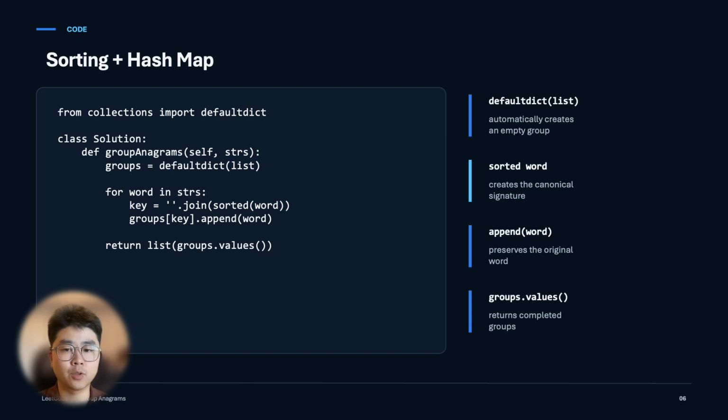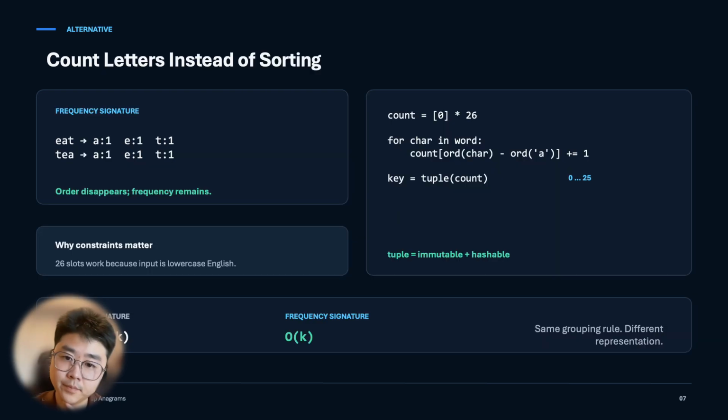So this shows that once we find the right way to represent the problem, the code often becomes much easier to write, right?